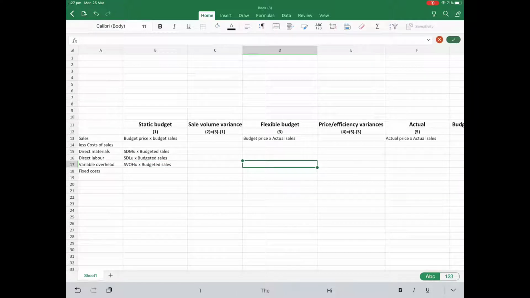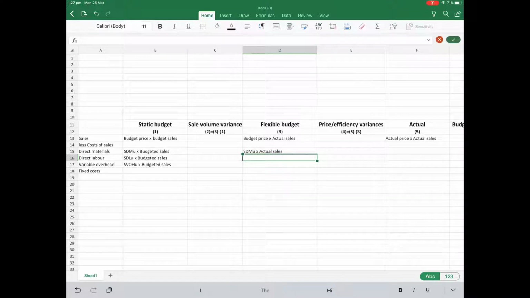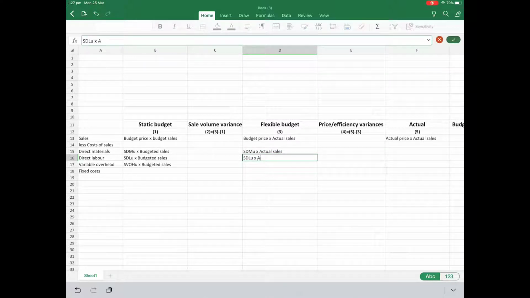And now when it comes to the flexible budget, remember that for flexible budget, we always use the budgeted price and the budgeted or the standard cost per unit, all right? So we still have the standard direct material per unit, and we times the actual sale. Standard direct labor cost per unit, and then we times the actual sale.